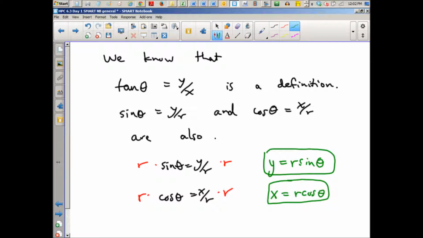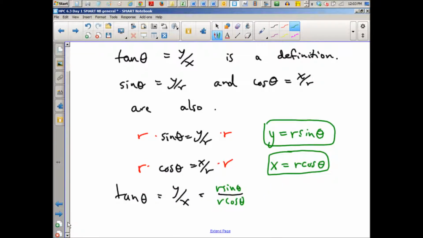Equally important. But if I take these two and insert them into the definition at the top of the page, tan theta is y over x, I can now write that as r sine theta over r cos theta.